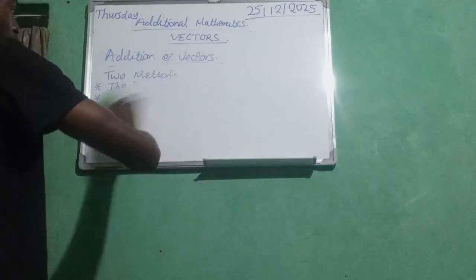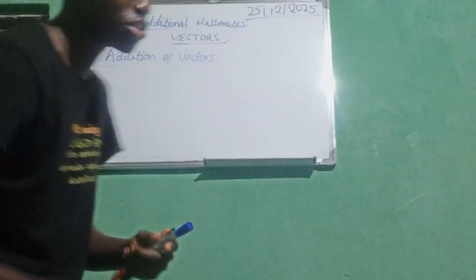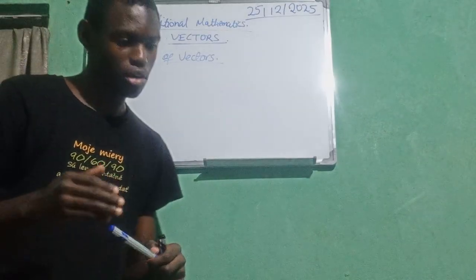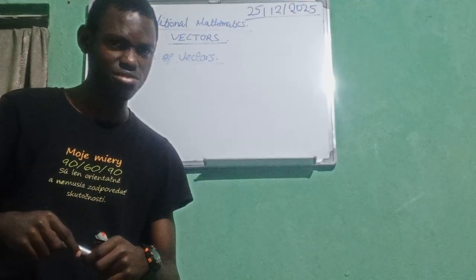I'm going to just give examples. I'm not going to give any worked out examples. I'm just going to explain how we do this if we were to be asked in a question. So given the vector, maybe we can have position vectors. Position vectors will be talked about in our next video.